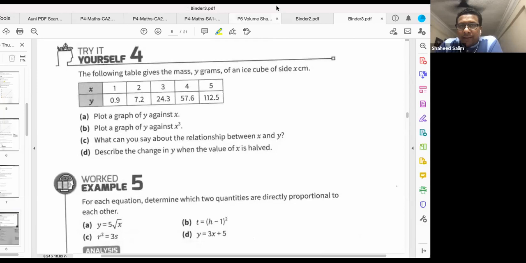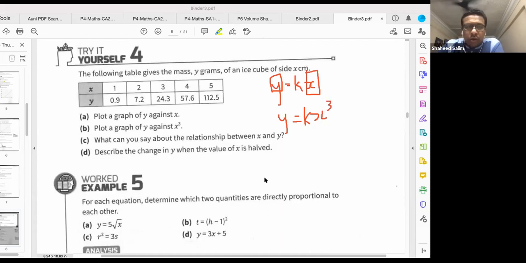So for example, if I give you now this equation y equals kx, down here, the two quantities directly proportional to each other are y and x. If I give you y equals kx cubed, the two quantities are y is directly proportional to x cubed. So they are searching for these two. Can you try?